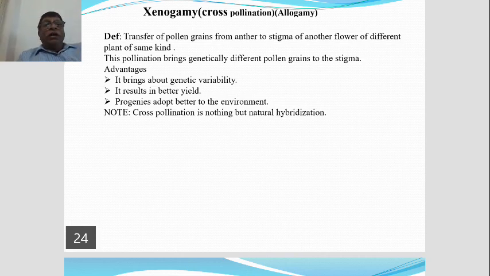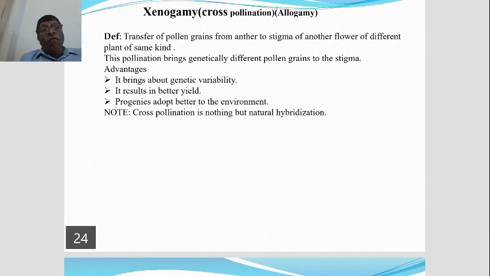So, in this type of pollination, the pollen grains are from a different plant. The pollination brings genetically different pollen grains to the stigma. Okay.